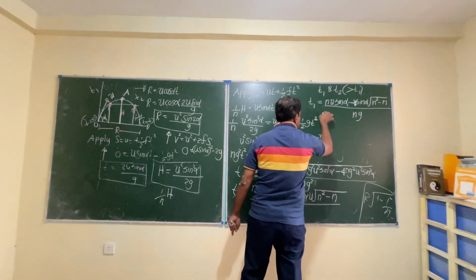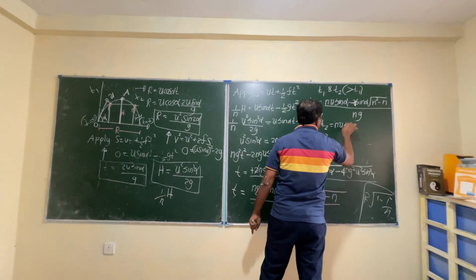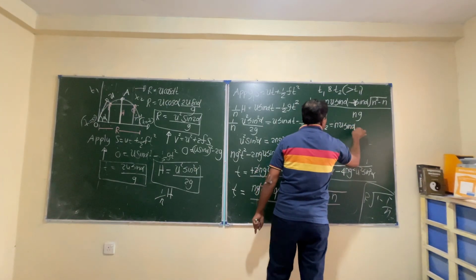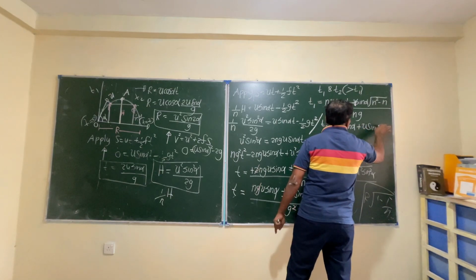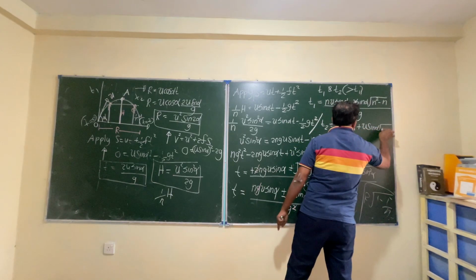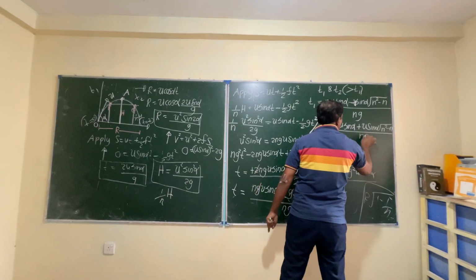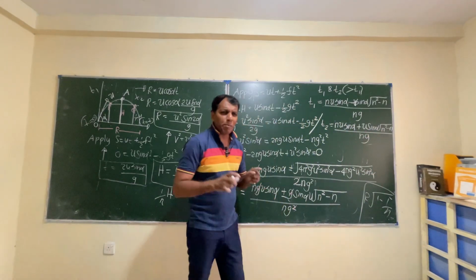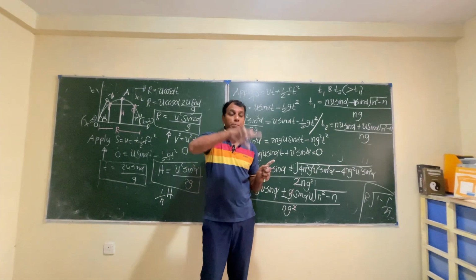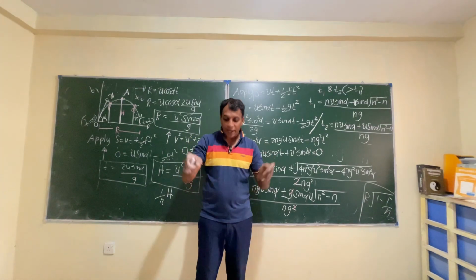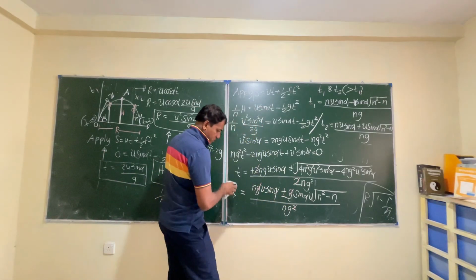Put the plus. T2 is n u sine alpha plus u sine alpha square root of n square minus n, over ng, right? So what is the main part here, the difference between the times to reach P and Q? T2 minus T1.